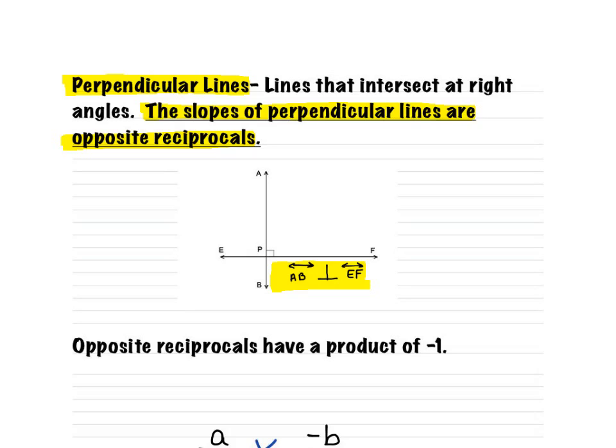So the slopes of perpendicular lines are opposite reciprocals of each other. What does that mean? Well, here we go. Opposite reciprocals are two numbers that have a product of -1. Two numbers that when you multiply them together, their product is -1.